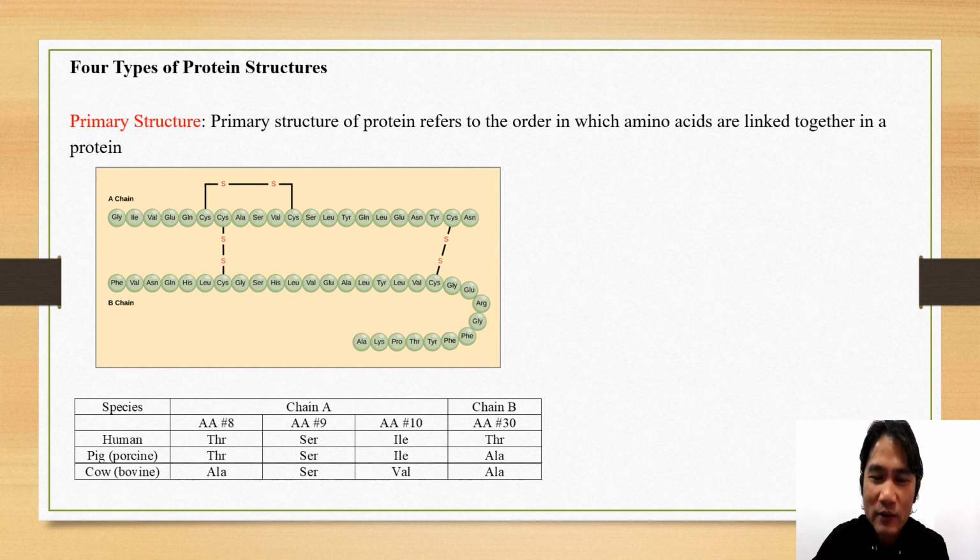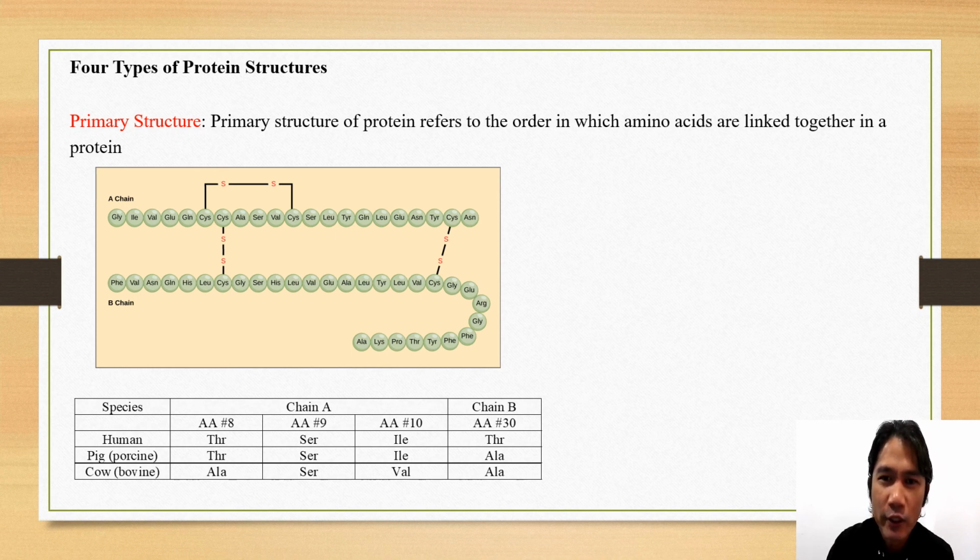For peptide, we use the term when we are referring to a short chain of amino acids. Oligopeptide refers to a chain that has, say, less than 10 amino acids.